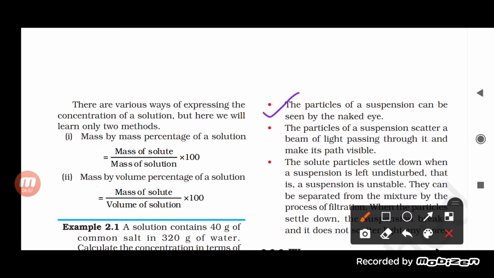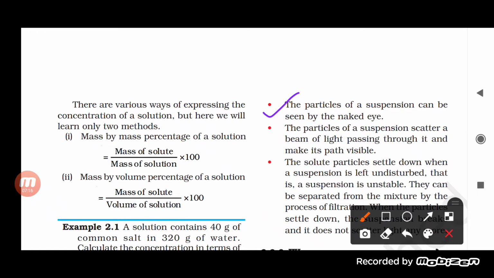Ultimately the scattering of the light makes the path visible. So this is the second property of the suspension. Suspension is also responsible for showing the Tyndall effect.